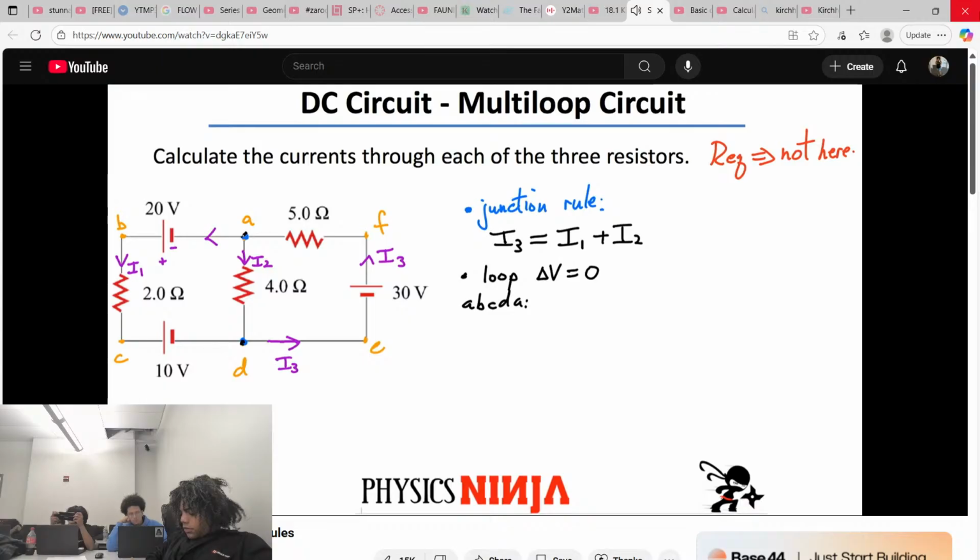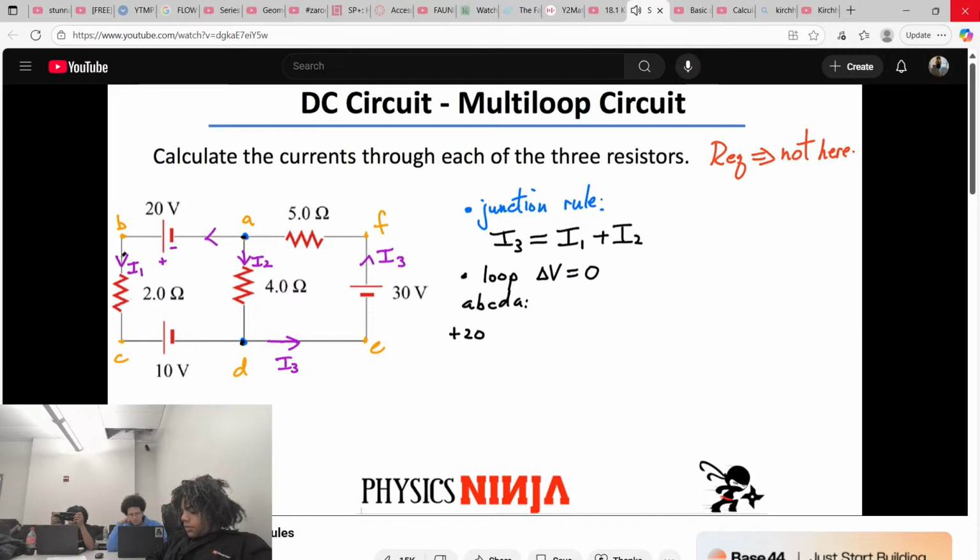So let's start over here at point A, and I'm going to cross a battery. When I go from the negative to the positive, I get a voltage gain equal to the voltage of the battery. Now I'm going to cross a 2 ohm resistor in the direction of the current I've picked.